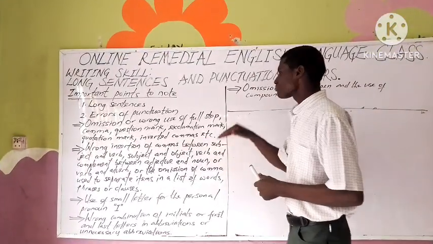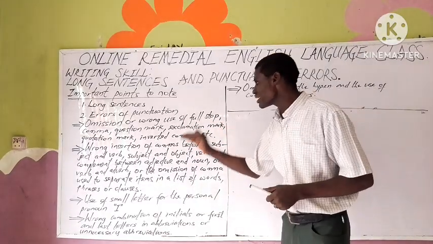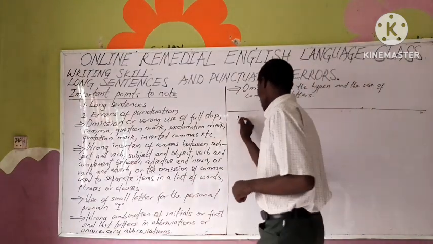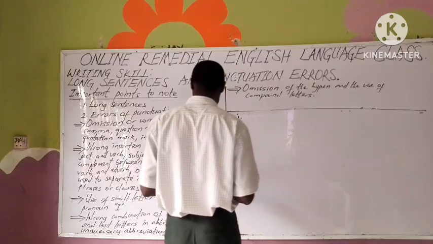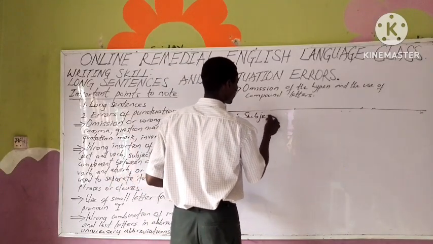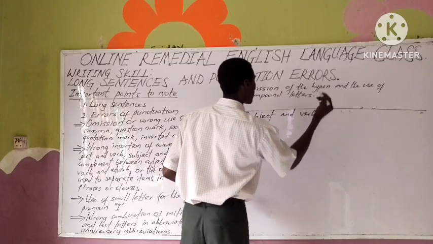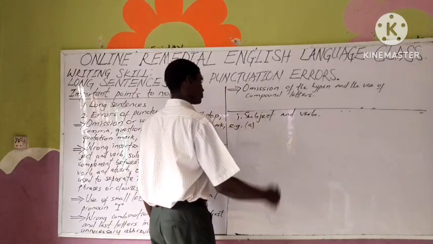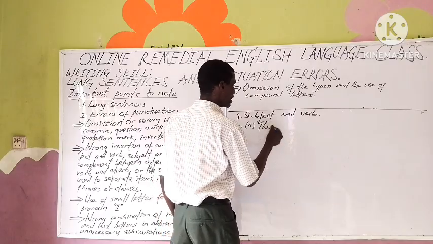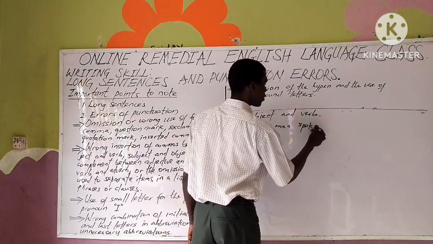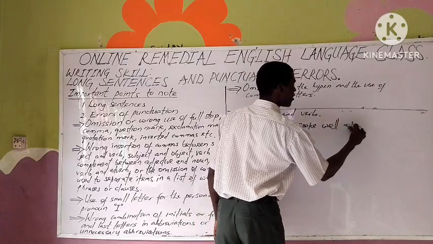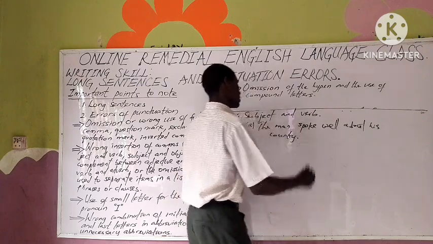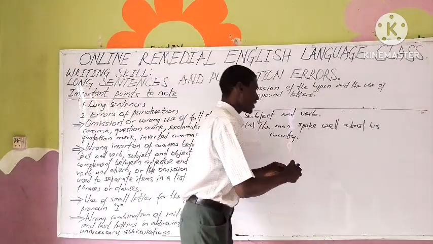Now let's come to the second one: wrong insertion of commas between subject and verb. Let me take them one after the other. Let's take them in turn. Subject and verb, for example: the man spoke well about his country.